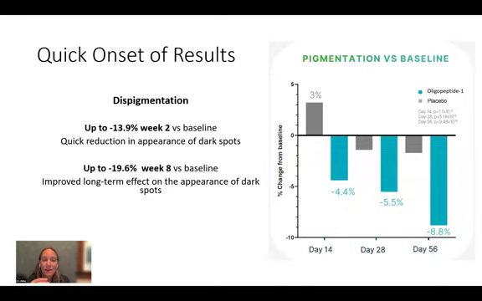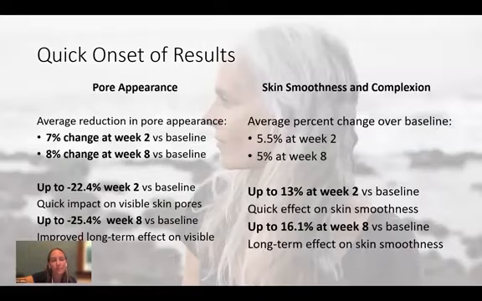And by week 8, that grew to 19.6%. So this again shows the quick change, and then even the more long-term improvements that you get when you add this illegal peptide to your formulas.